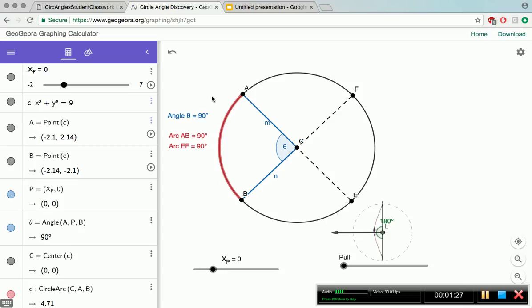So this is going to be the central angle where theta is equal to the intercepted arc. So theta is equal to arc AB. Now we can move on to scenario number 2.